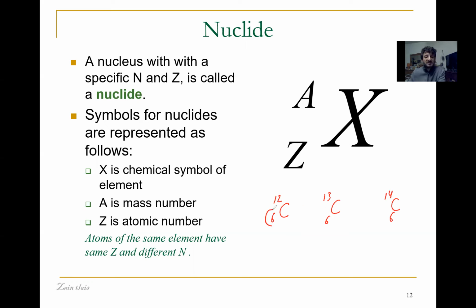Because we have the same Z. So in general, we classify all the elements in terms of Z. By the way, the atoms are classified in terms of the electrons. Here, the atoms are classified in terms of the atomic number.